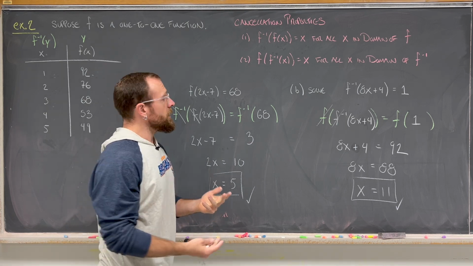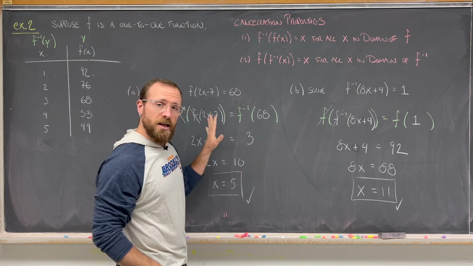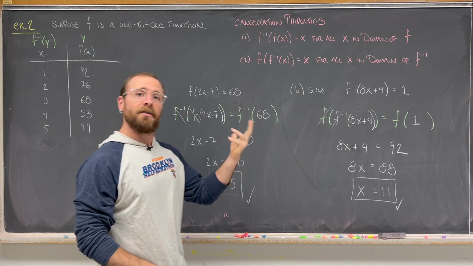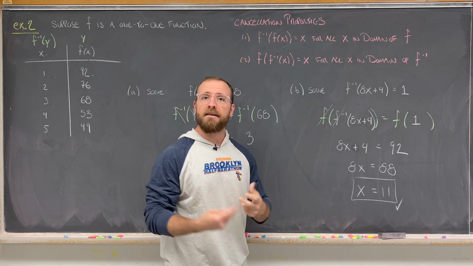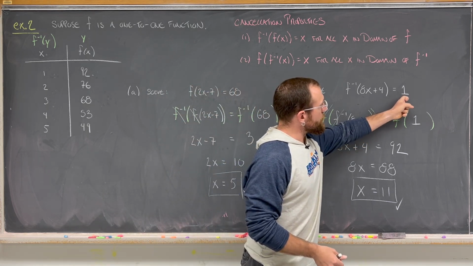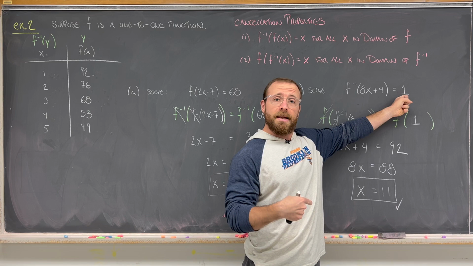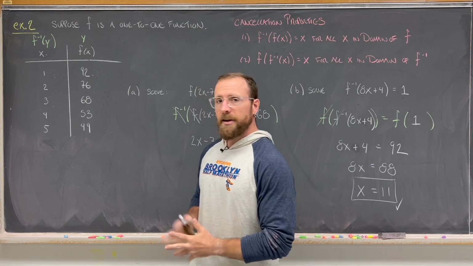Now we're doing it explicitly, where we're just saying f of the left-hand side equals f of the right-hand side, or f inverse of the left-hand side equals f inverse of the right-hand side. And that's a legal move, as long as the numbers that you're using are in the domains of the functions that you're using. But we were careful to make that check, and everything was fine.